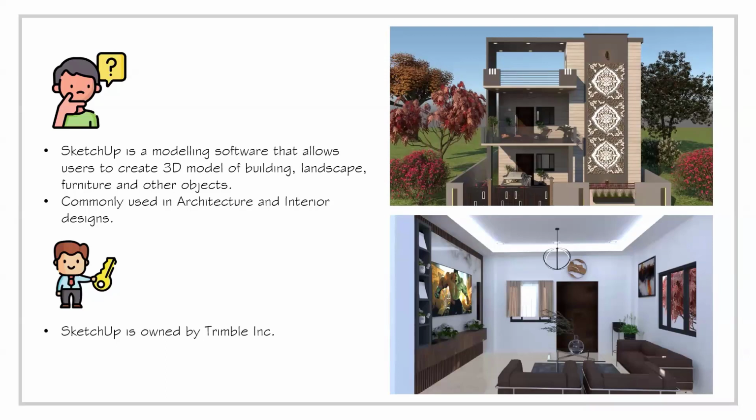It is commonly used for buildings, landscapes, and any objects like furniture, anything you visualize. We can develop our thoughts into a 3D model in SketchUp. It is owned by Trimble. Before, it was owned by Google; now it's owned by Trimble.